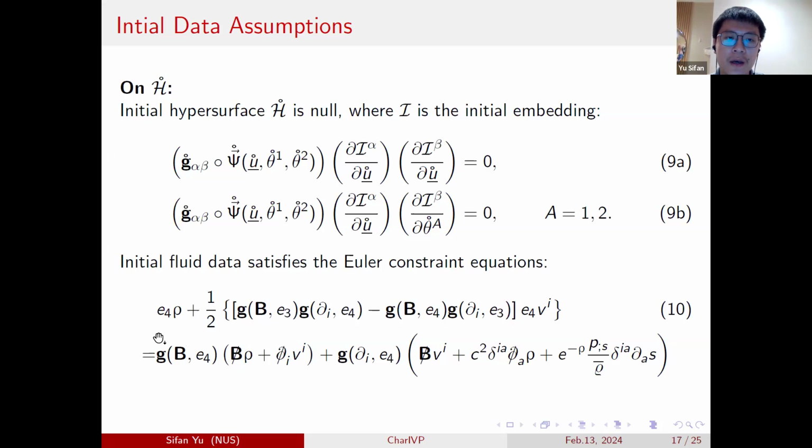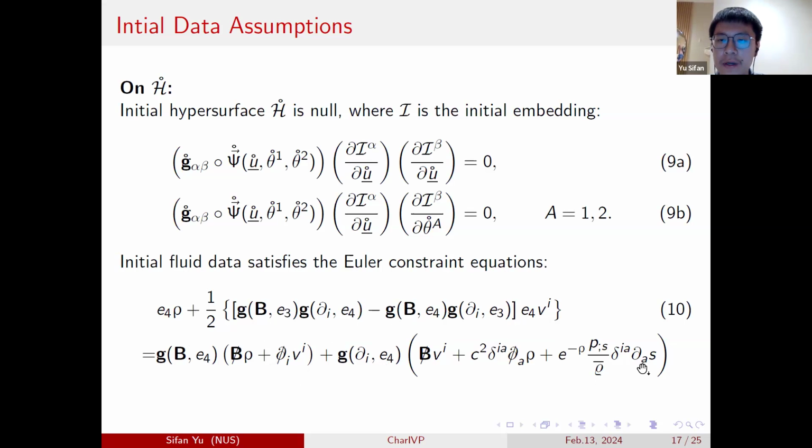Okay, so if you look at equation 10, all the terms except the last term are in terms of tangential derivatives of the data. So your data must satisfy this, so that your data actually satisfy Euler's equation on initial hypersurfaces.